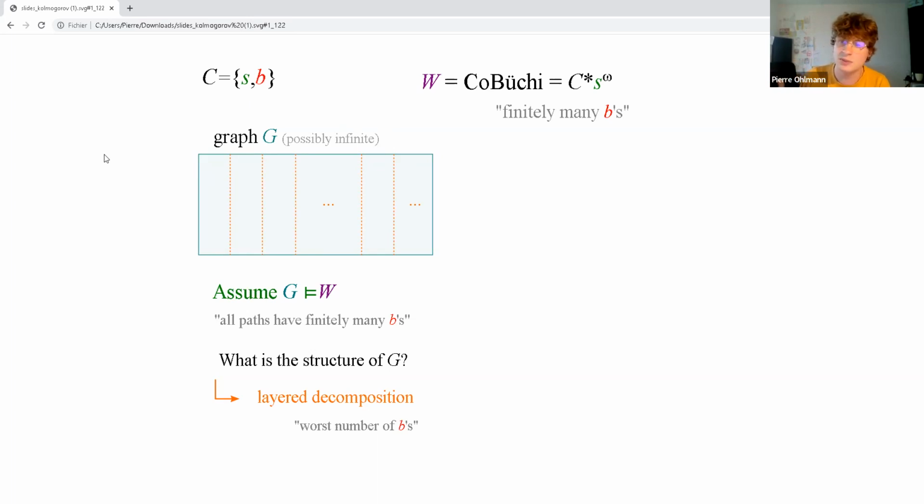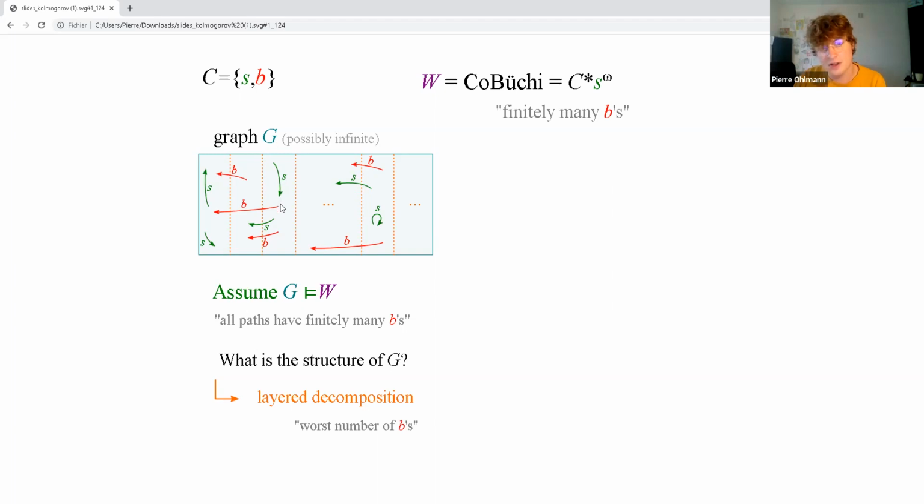This is something that you need to wrap your head around, but you get this layer decomposition where all the bad edges have to go down strictly, because if you see a bad, then in the future you will see fewer bads. And the safe edges can either go down strictly or stay in the same position.